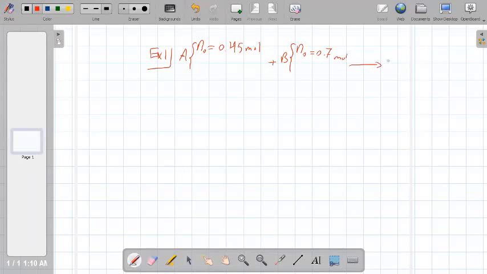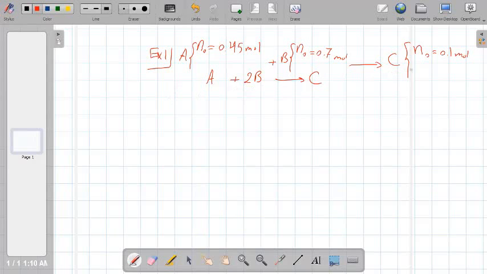We obtain C. C is not 0 at the beginning. N0 equals 0.1 mole. These are the given. The balanced equation: A plus 2B gives C.